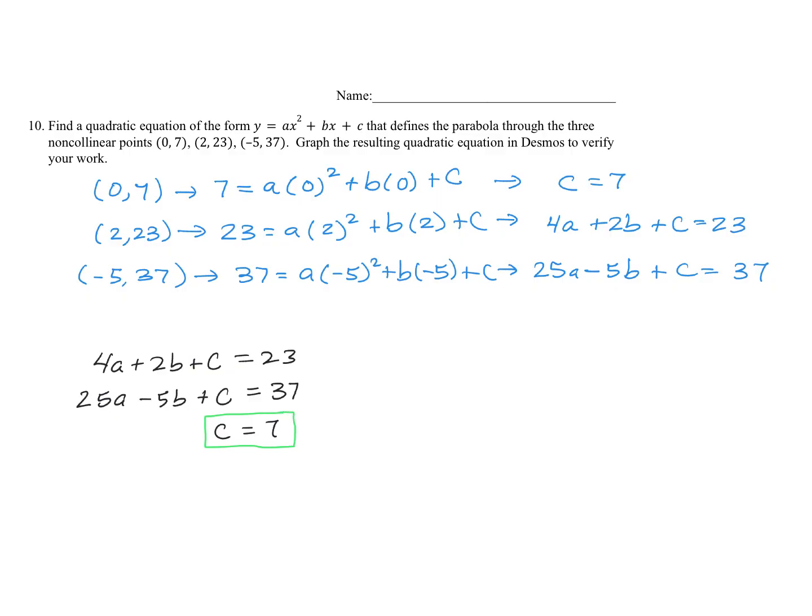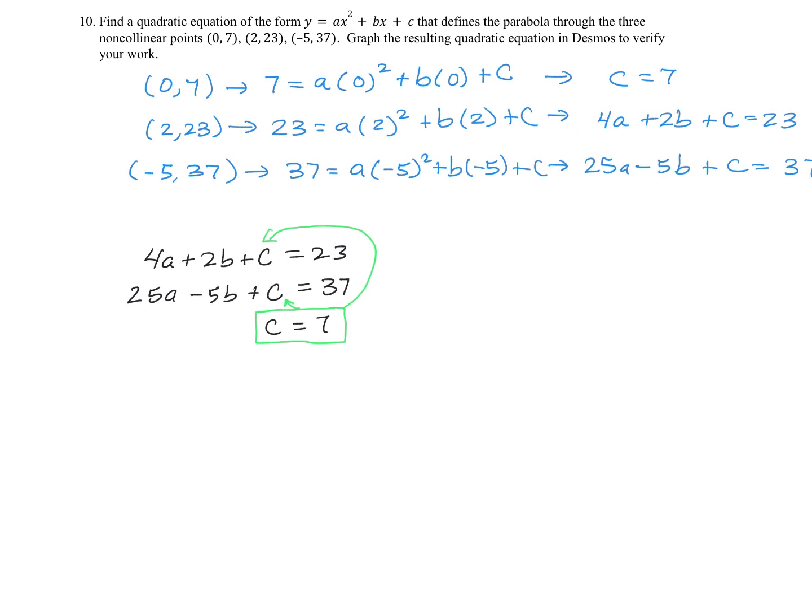If c is equal to 7, then we can just plug that in for c in the other two equations. So 4a plus 2b plus 7 equals 23, and 25a minus 5b plus, again, c, which is 7, equals 37.